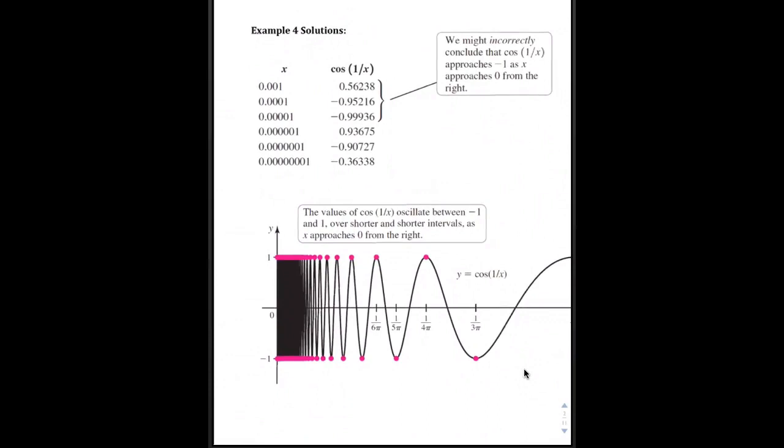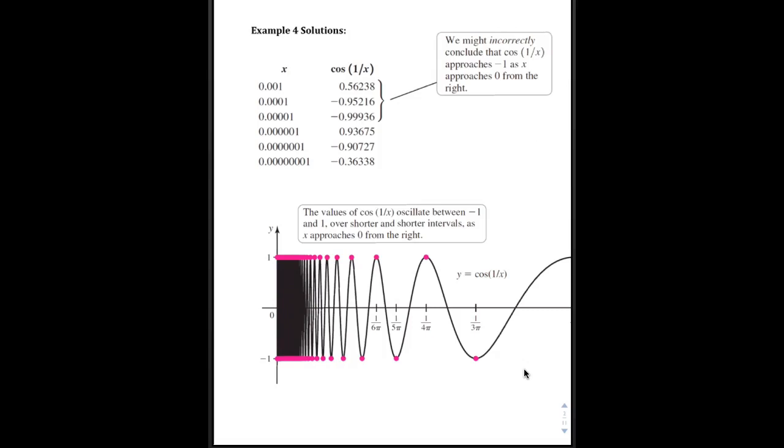Here's that problem. Just for you, I've zoomed in even further. If the previous work didn't convince you, it looks like it's oscillating between 1 and -1, but what if we get really, really close to 0? You can see what's happening. As we get really close to 0 from the right, it still just keeps jumping, positive, negative, or in a different pattern.